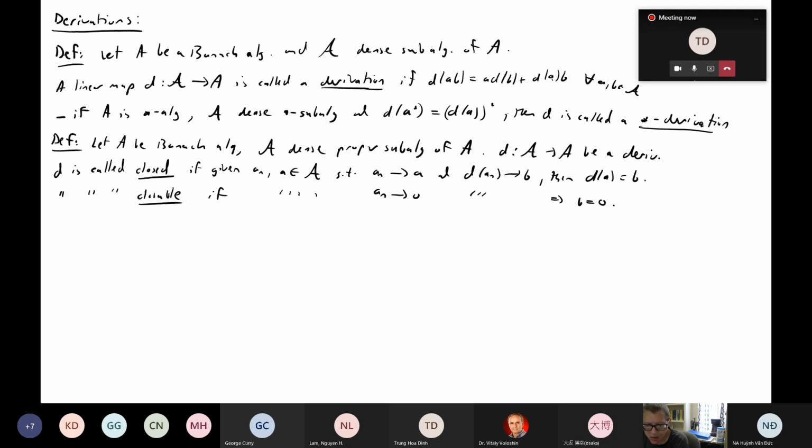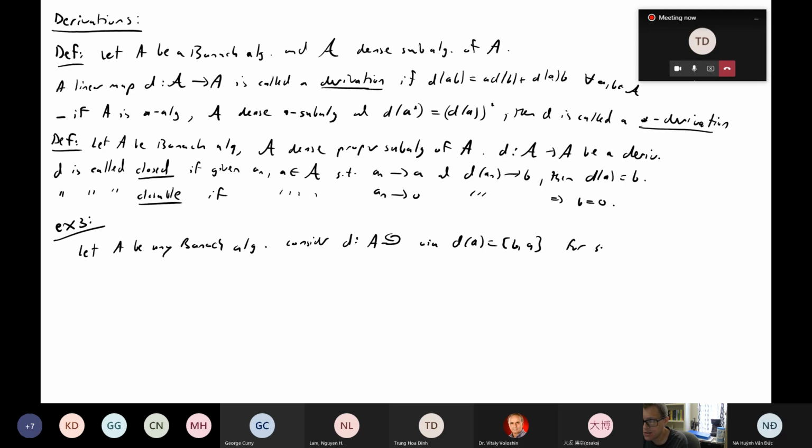Okay, so now I want to look at a couple of examples of some derivations. I'm going to let A be any Banach algebra, and I'm going to consider D taking A to itself, so the domain is going to be everything, via D on A being a commutator of B with A for some fixed B in A. So this is a bounded derivation, right?